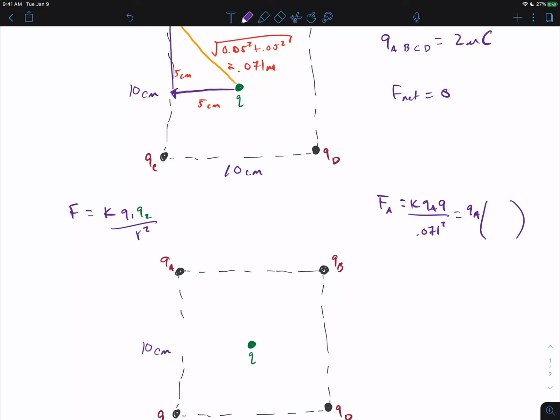And we're going to divide this by 0.071 squared. So we should get something like, this is a long number here, 3570720.